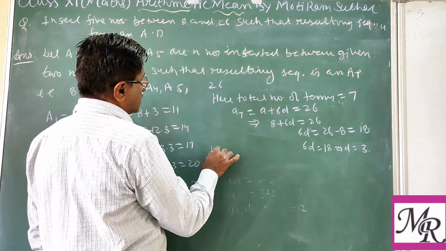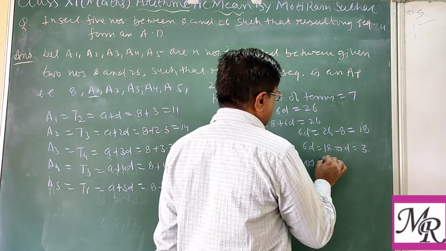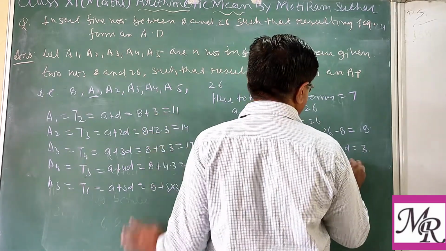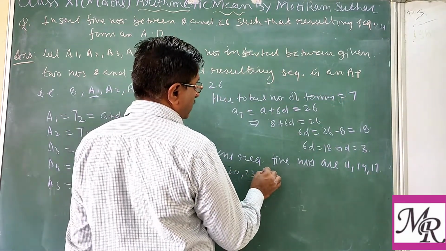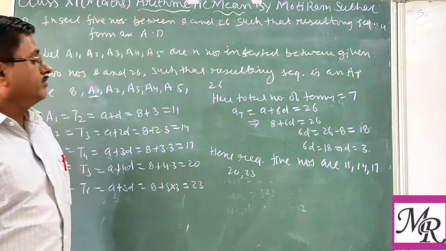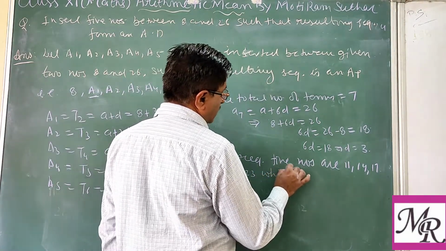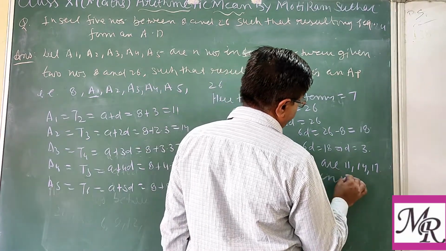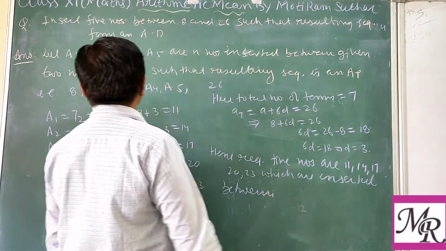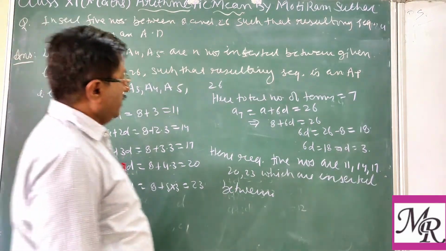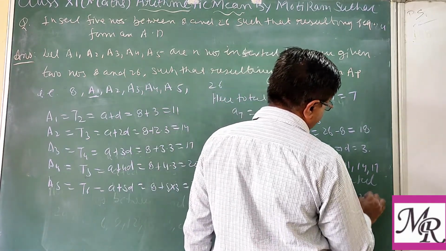So you can say hence the required 5 numbers are 11, 14, 17, 20 and 23, which are inserted between the given numbers 8 and 26.